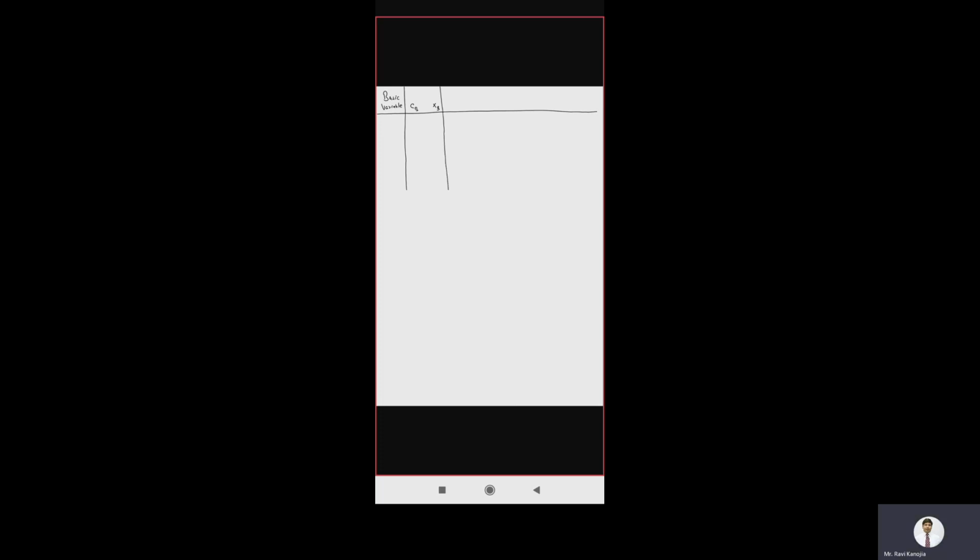Then here we have the table. We have variables x1 and x2, then we have s1, s2. Then we have a cost and the minimum ratio, so the ratio of XB, that is the solution, by xj, the entering variable which we select.